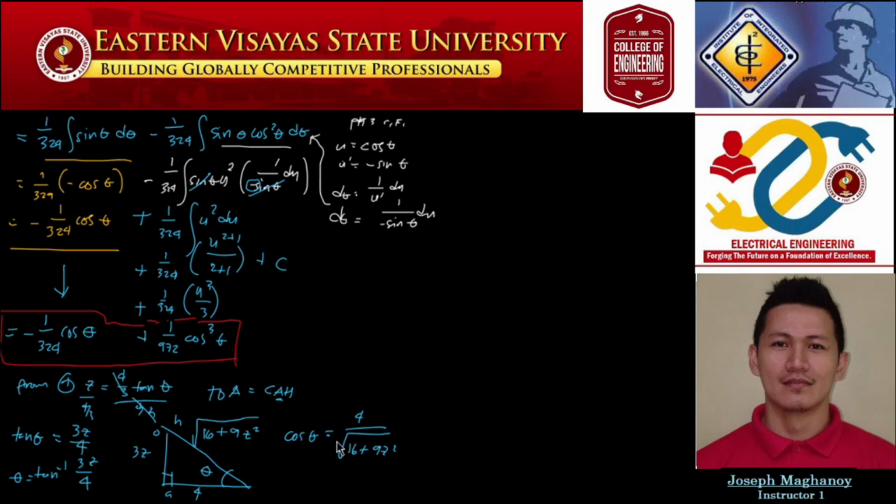So we already have our cosine. Of course, we need to get the arc cosine. So your theta is cosine -1 of 4 over square root of 16 plus 9z squared. So we substitute our cosine here.